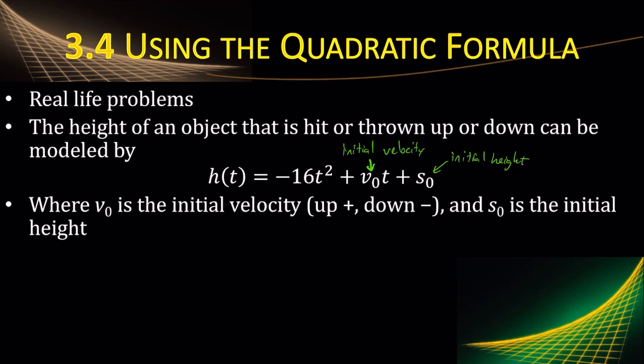If you take physics, you should recognize that. Anyway, so you'll have some word problems where they have you plug in some initial velocities and initial heights and find t's and so forth.